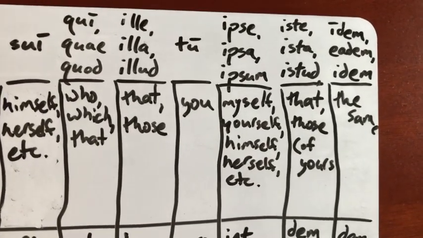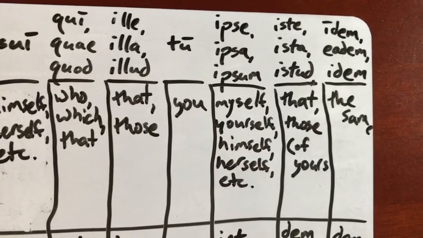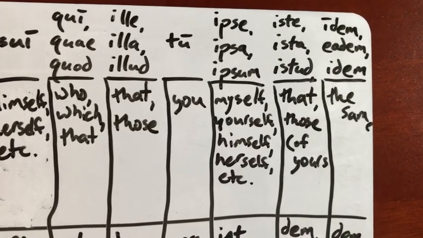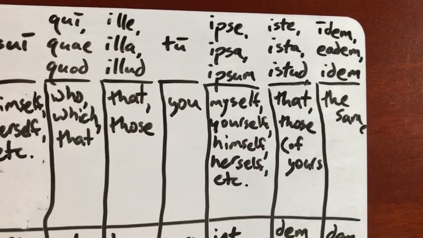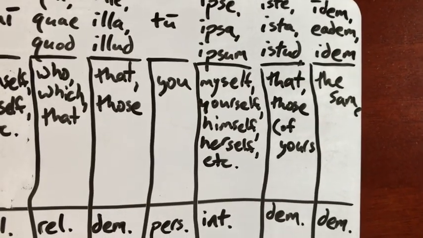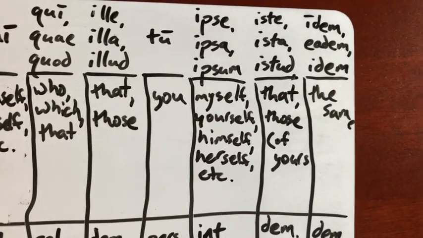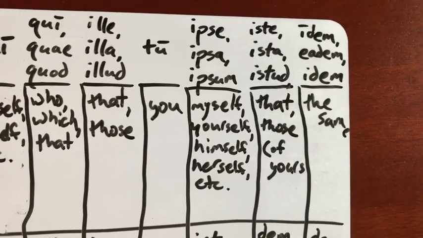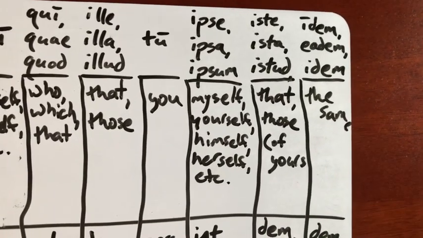All right, then we've got ipse, ipsa, ipsum, which is the myself, yourself, himself, herself, itself, themselves. This is what's called an intensive pronoun. So this is used for adding emphasis. So if you want to say, I myself believe that such and such happened, you could use ipse there.